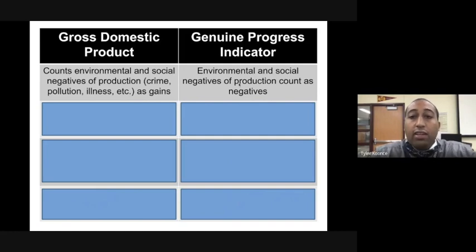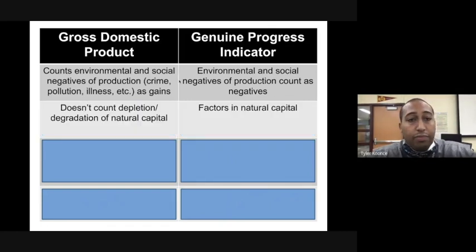In a chart, on the GDP side put a positive, and on the GPI side see it as a negative and put a negative sign. With gross domestic product, it doesn't count the depletion or degradation of natural capital. For GPI, it does factor in natural capital.